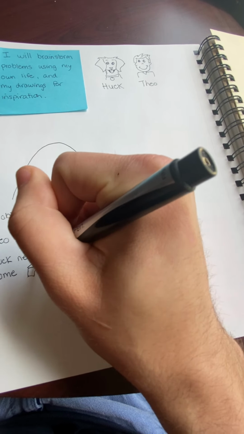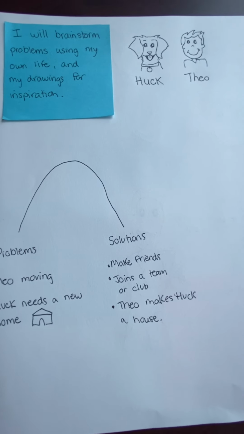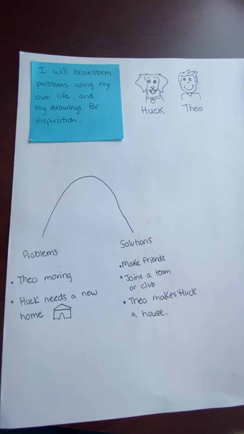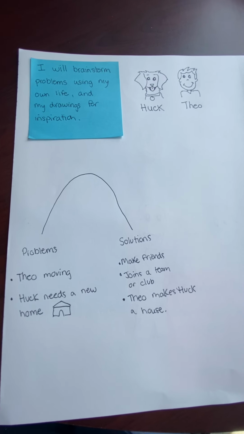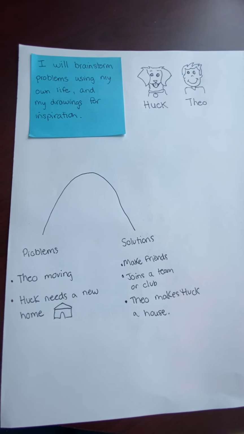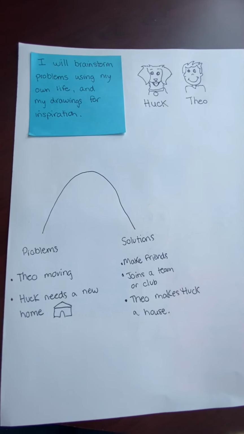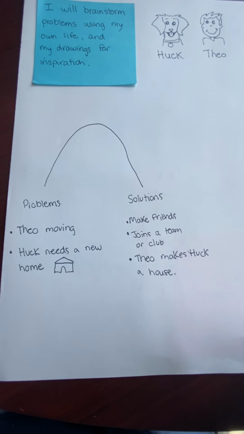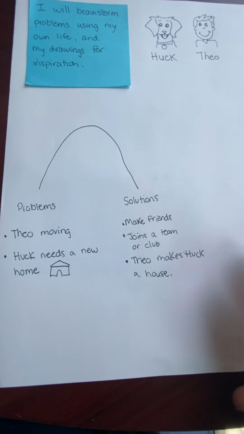And I think that could be really interesting to see a child try to build a dog a house. So I'm thinking back to possible other children's stories that I know. So maybe like the Three Little Pigs when the pigs are building their houses. So maybe Theo here tries to build Huck a house out of straw and sticks and then maybe bricks. I think that could be pretty interesting too.